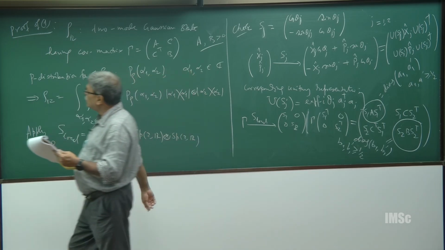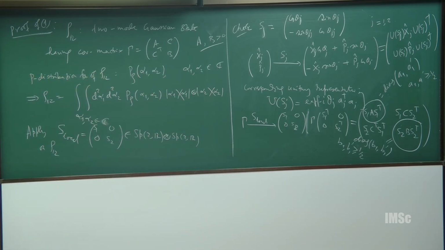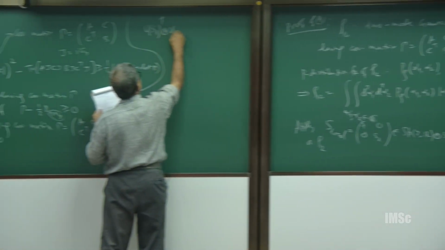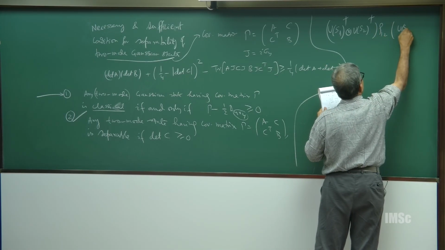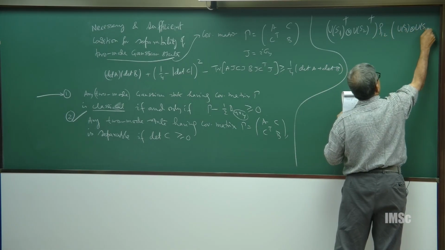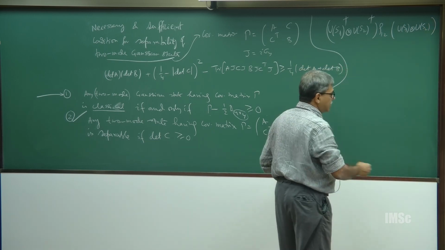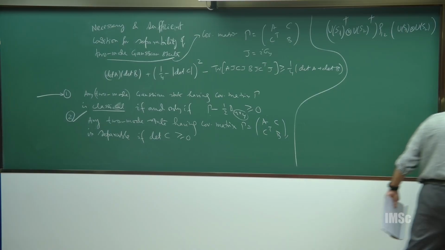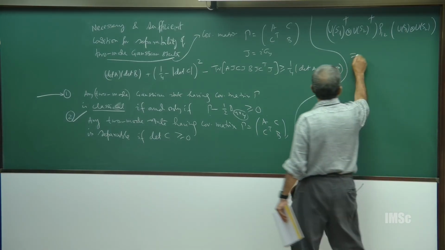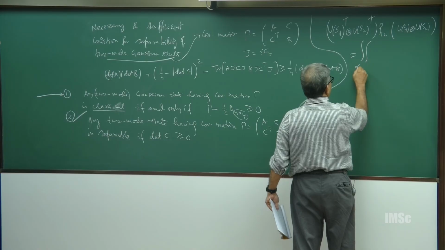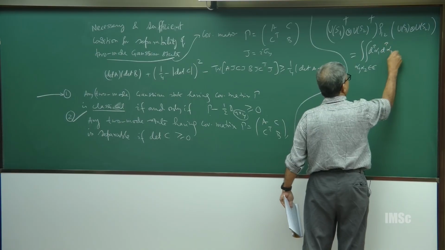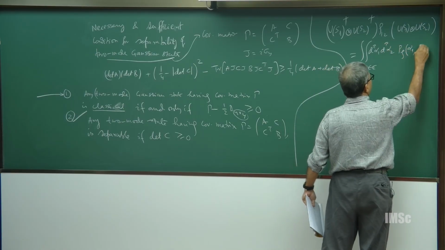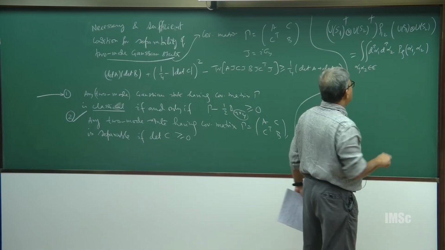So, now if I want to look at, so that is the Heisenberg picture. So, I will take this at the Schrodinger picture, U of S_1 tensor product U of S_2 dagger, then rho_12, then U of S_1 tensor product U of S_2. If I do that, because of this expression, I know that this will be the integral over alpha_1, alpha_2 belonging to C, d square alpha_1 d square alpha_2 P of rho of alpha_1 alpha_2, and now this is a rotation.